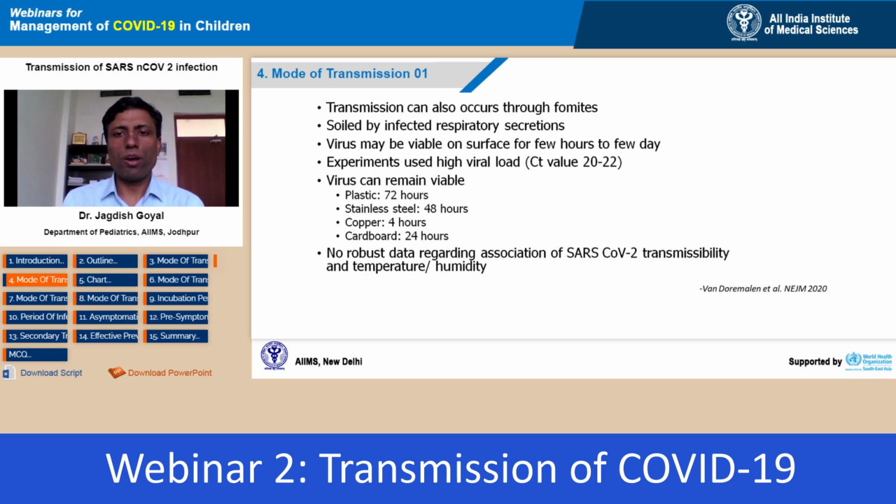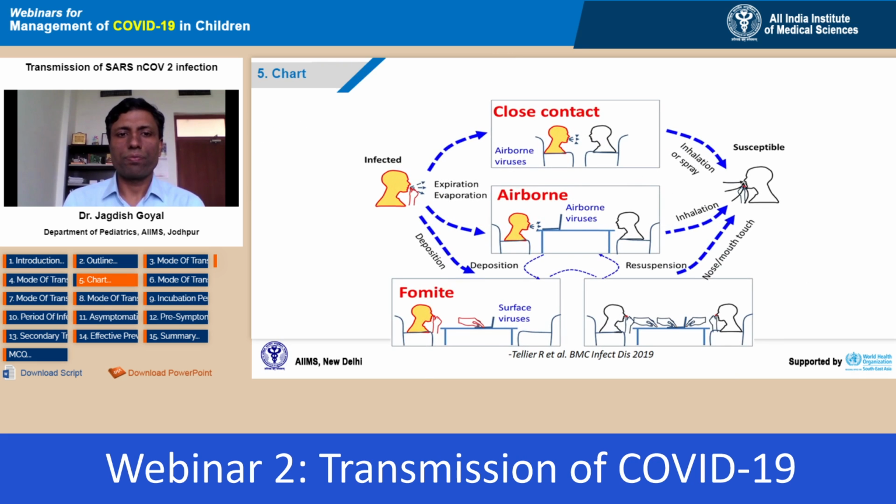The virus may remain viable on plastic for 72 hours, on stainless steel for 48 hours, on cardboard for 24 hours, and on copper for 4 hours. However, there is no robust data regarding association of virus transmission with temperature and humidity.